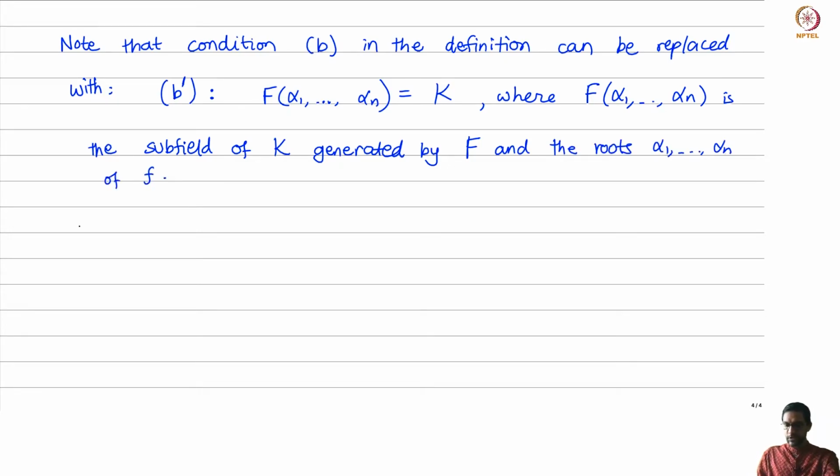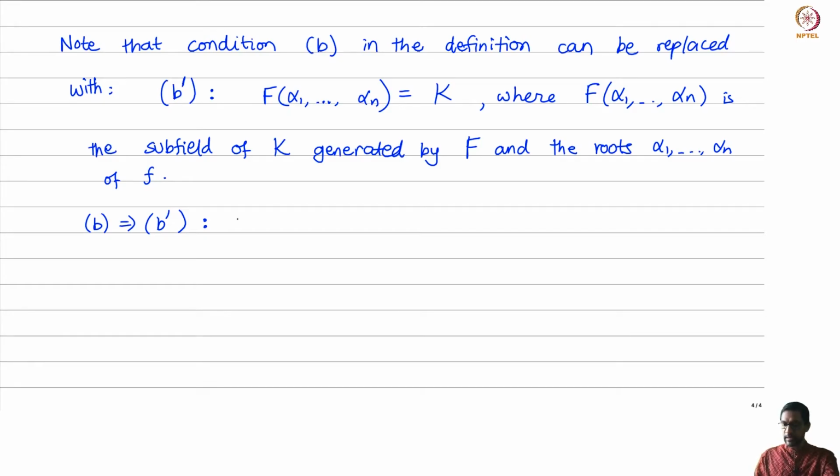Okay, and it's easy to see that you can replace B with B dash, meaning they are equivalent. For example, if you chose to keep B as your definition, then B dash follows naturally because of the following reason. B says that there are no intermediate subfields, there are no proper subfields over which the polynomial f splits completely.